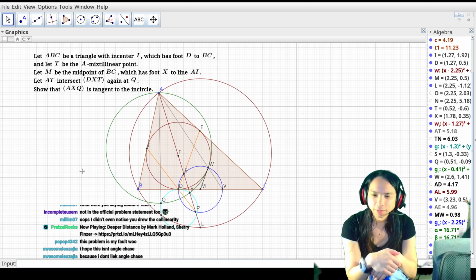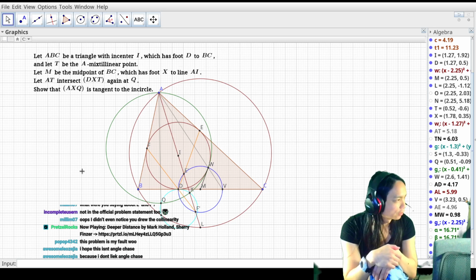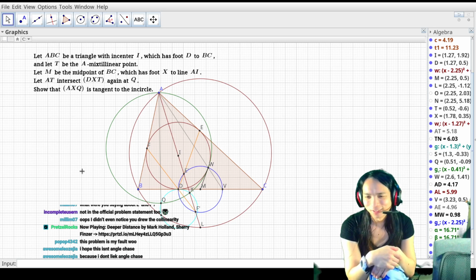Wait, is the cyan circle tangent at D as well, actually? Are the circles... yeah, they might be tangent at D as well. I don't know if E prime and F prime actually matter. I'm just trying, I drew them in on a whim. I hope this isn't angle chase. I mean, I think it's kind of. I think you always have to expect a little bit of angle chasing in geo.